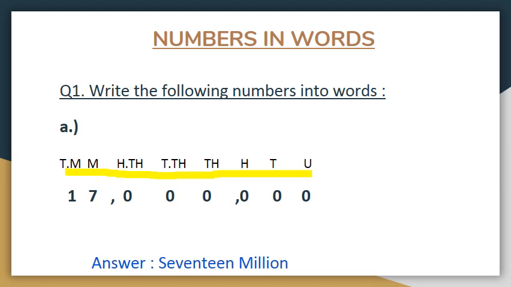Starting from your right side, you will write U, then T, then H and so on up to 10 millions. After that, you have to place the commas. And lastly, you can easily read the number or even write this number in words as 17 million.